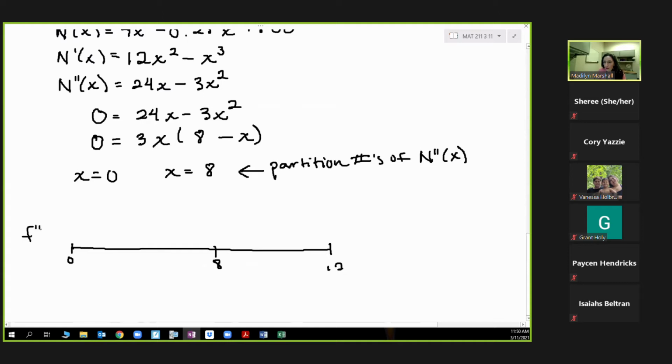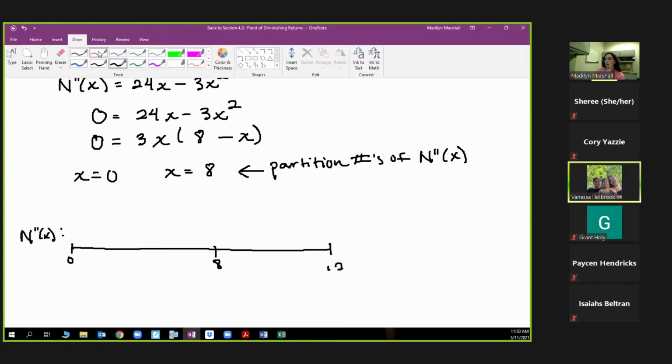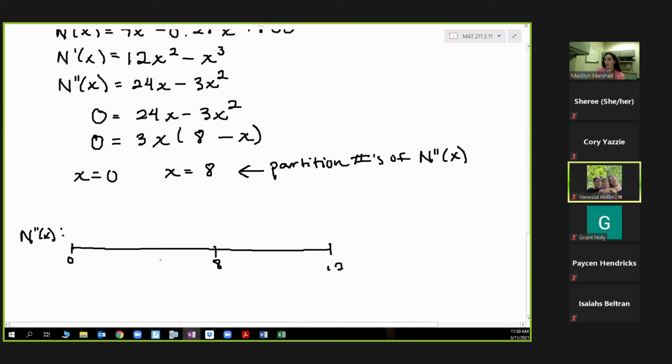Since we're looking for concavity, we need to make a sign chart for the second derivative. So we could just choose any test points in between these numbers. 5 and 10.